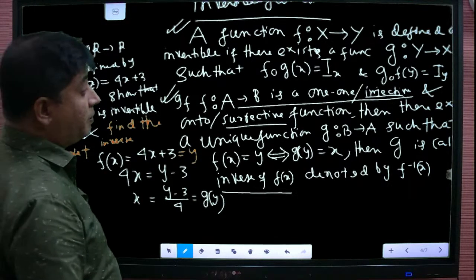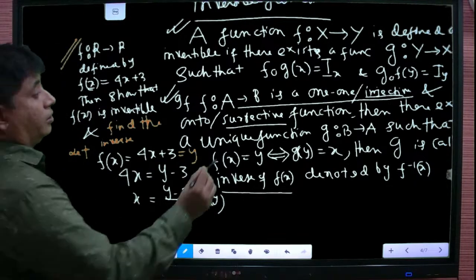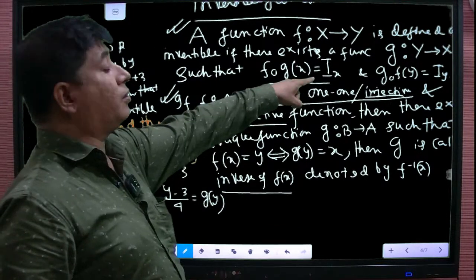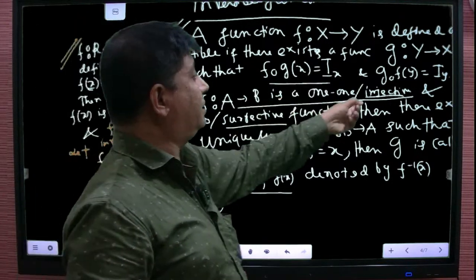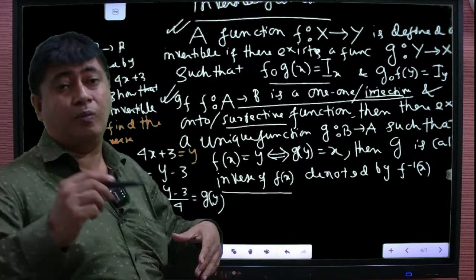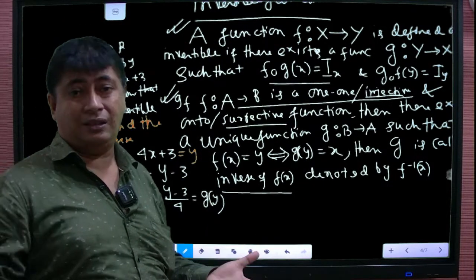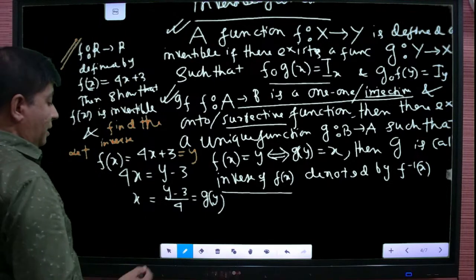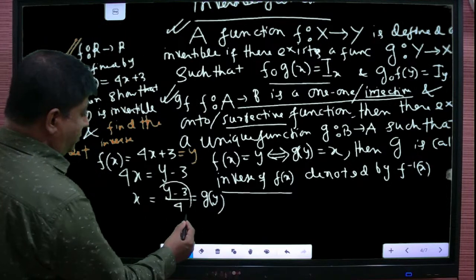You can ask me why you are doing that. Because we got the concept that if fog is equal to the identity function and gof is also the identity function, then we can say one is the inverse of the other. Understand? And we can find the inverse. So here we have got g(y) is equal to this.